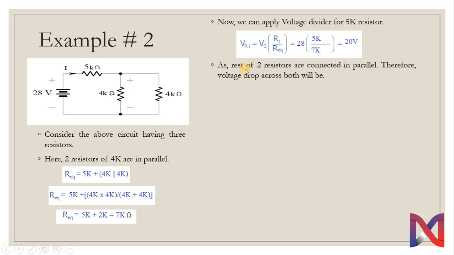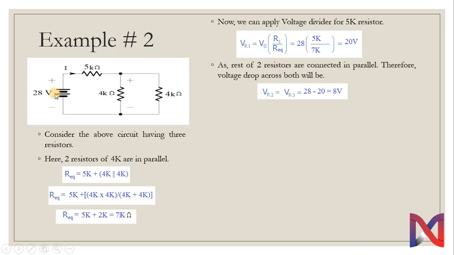Now, as we know that the rest of the two resistors are connected in parallel, therefore the voltage drop across both will be the same, which will be VR2 is equal to VR3 is equal to 28 minus 20 is equal to 8 volts. How can we calculate this?